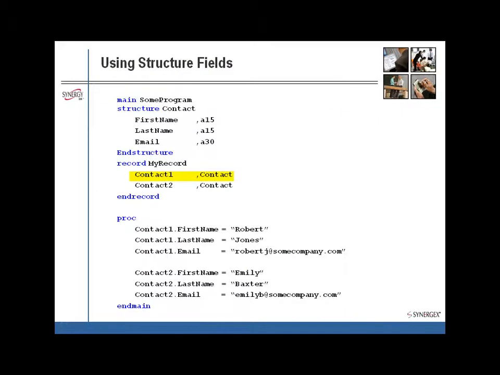In version 9, we fully support struct fields. Notice the differences between this example and the previous one. The fields contact 1 and contact 2 are no longer defined as a @size of contact, they are declared with a data type of contact. These are struct fields. Contact 1 is an instance of the contact struct.